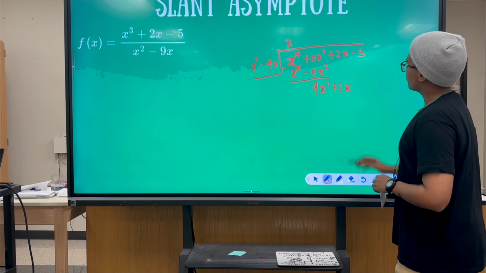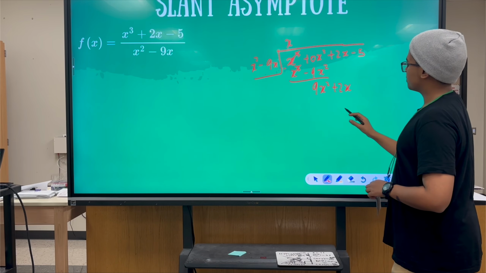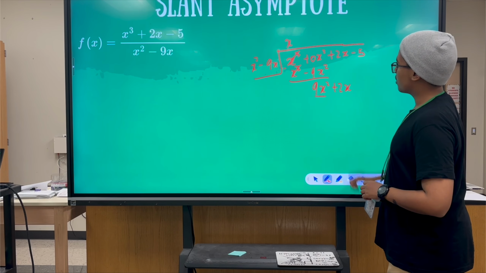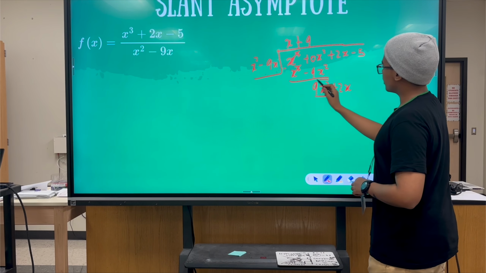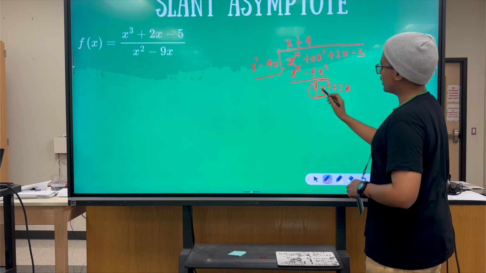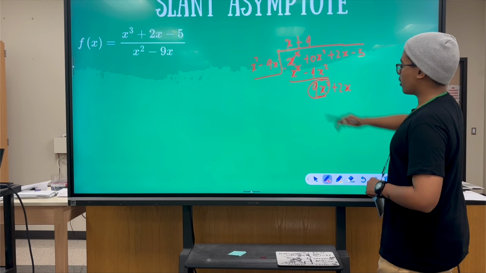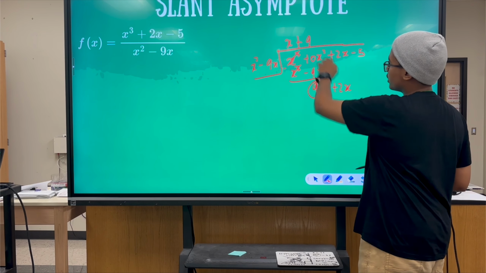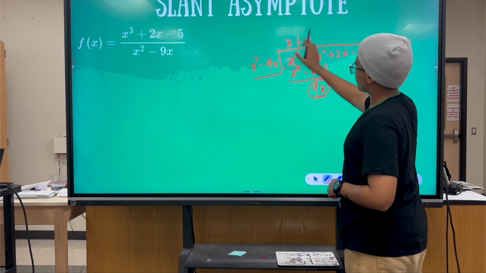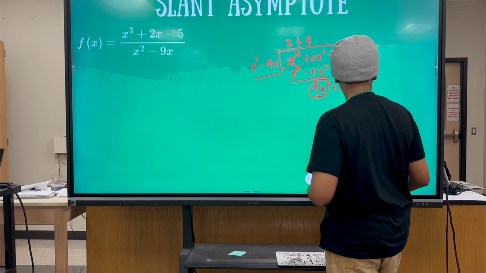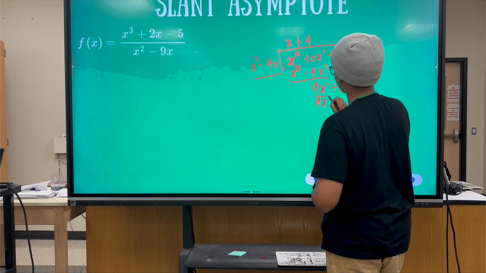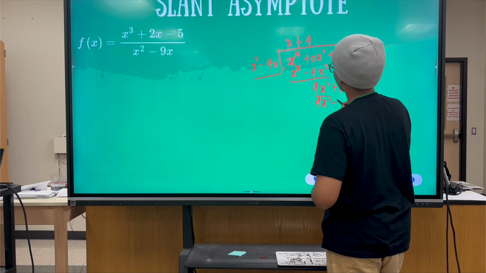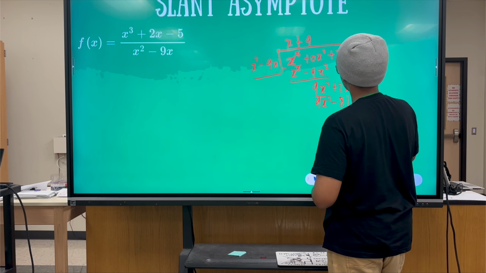And now we try to find the best number to use here, and it would be 9, because again we're trying to remove the highest degree in this section, or in the bottom section. If we put 9 there, then 9 times this function would be 9x squared minus 81x.